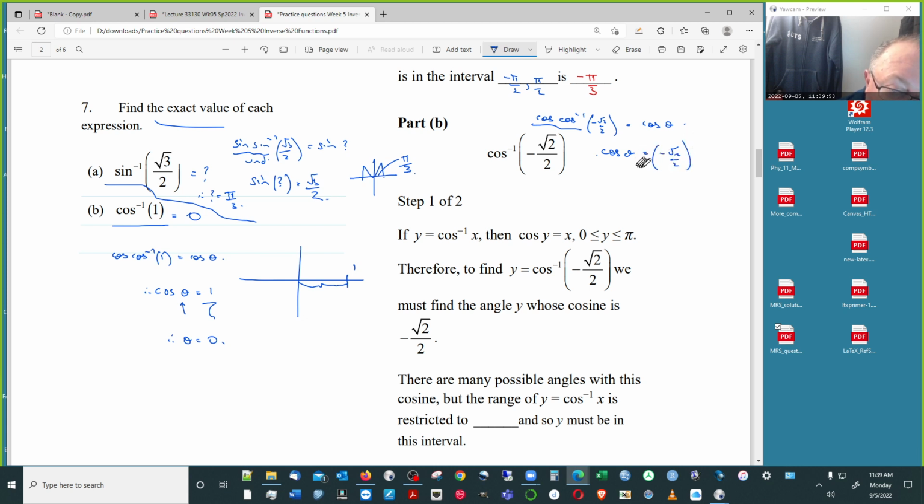So what value of theta gives you root 2 on 2? So it's a scaled angle of 45 degrees, I think. But again, we've got a domain restriction. So that domain restriction means that we're going from 0 to pi only.